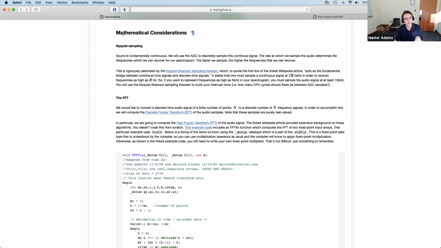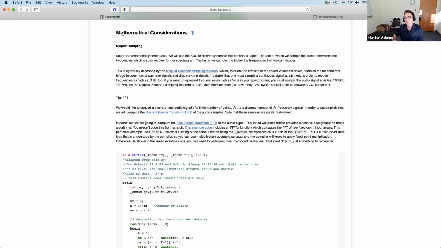If you have some continuous process, like sound, which is a fundamentally continuous thing, and you're discretely sampling that thing, what the Nyquist sampling theorem tells you, in approximate wording, is how quickly you need to sample that continuous process in order to reconstruct increasingly high frequency aspects of that process. So if I'm listening to some sound that has components up to 5 kilohertz, how quickly do I need to discretely sample that sound in order to recover the highest frequency elements?